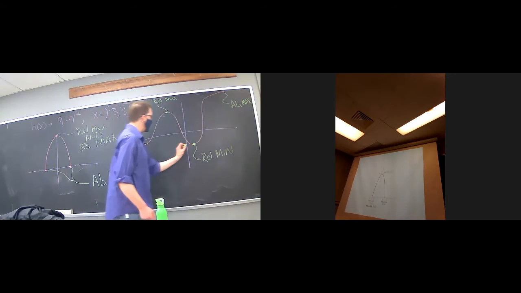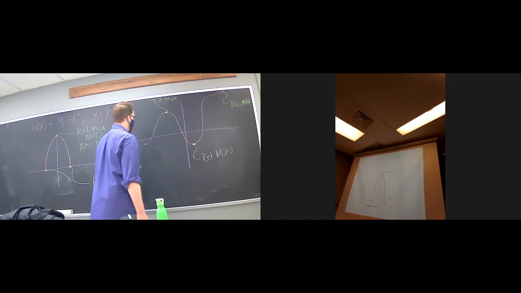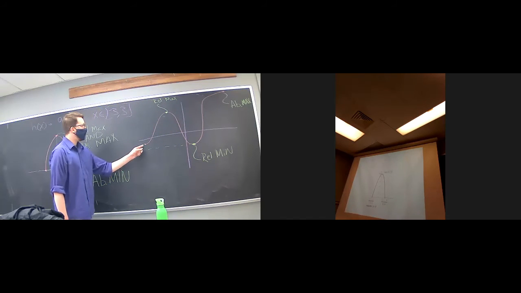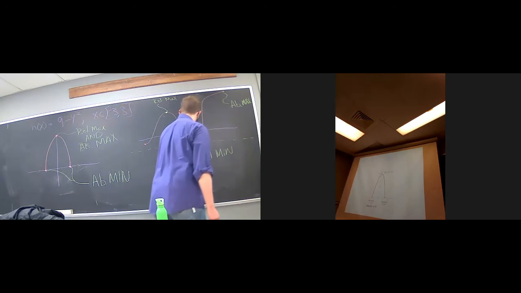We also have an absolute max and an absolute min, right? Because this point is lower than every other point on our graph. So this thing is also an absolute min.